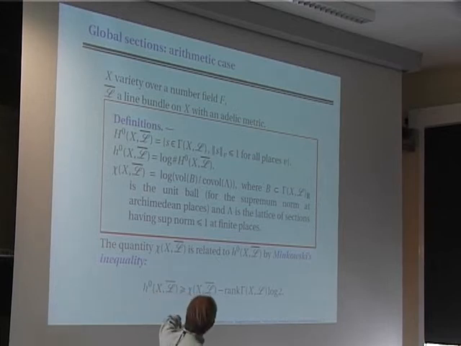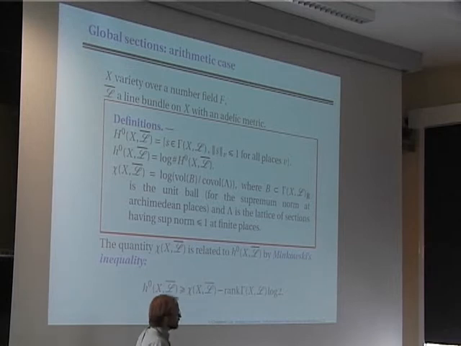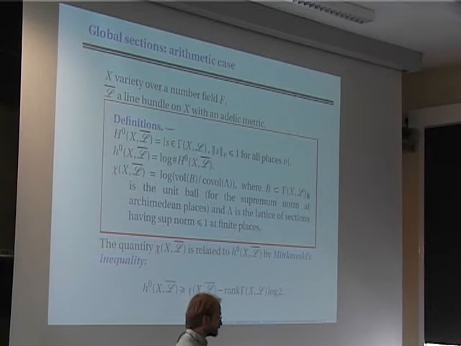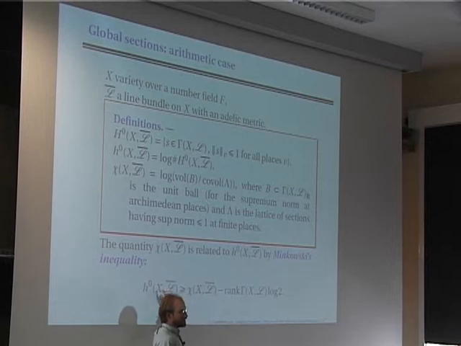It tells you that this h0 is at least chi of X, L bar, up to an error term which is controlled by the dimension of the vector space. So if I can bound this from below, then I have a lower bound for that, and maybe it can be of some use.